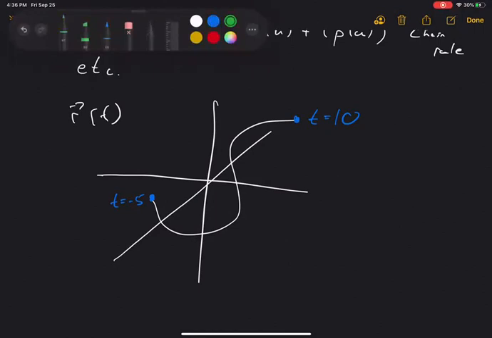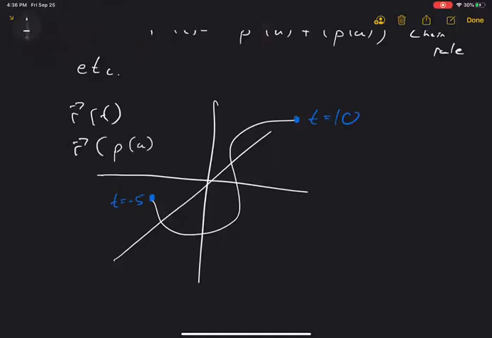And then I have this other parameterization, r of p of u. So maybe at u equals 7, I'm there, and at u equals 43, I'm at that endpoint. So I've got two different parameterizations.